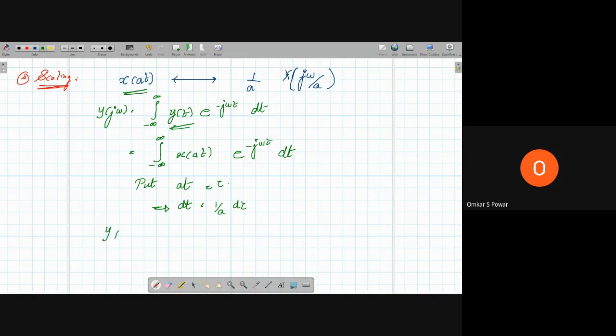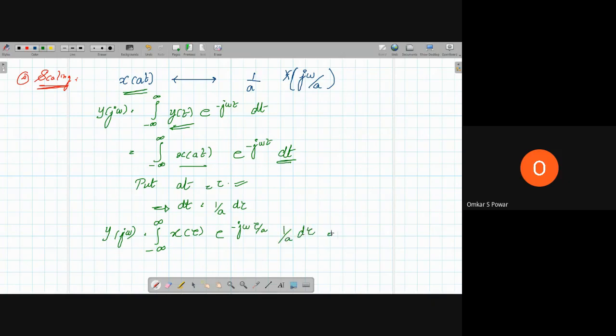Let us substitute in this equation Y of j omega. Now 1 by a comes here because we are substituting a into t is equal to tau, and d tau as 1 by a into d tau. Let us substitute that slowly and solve. Integral from minus infinity to infinity x of at is nothing but x of tau, e power minus j omega into t, which is nothing but tau by a from this one, and dt is nothing but 1 by a into d tau.